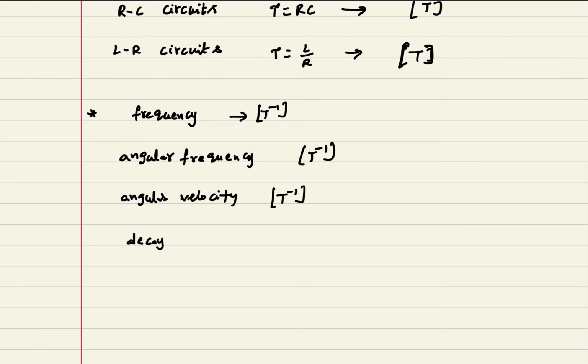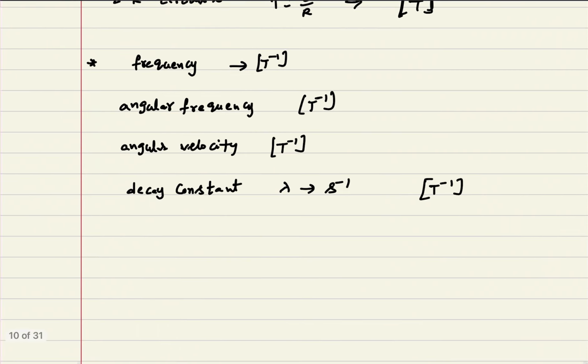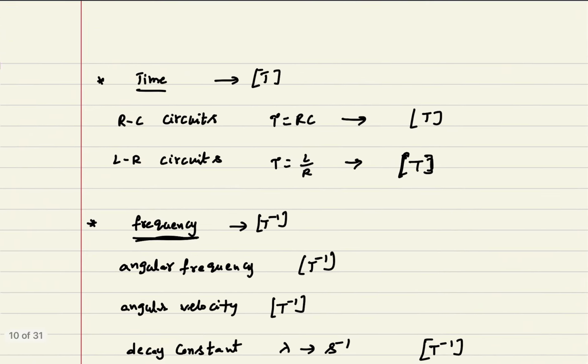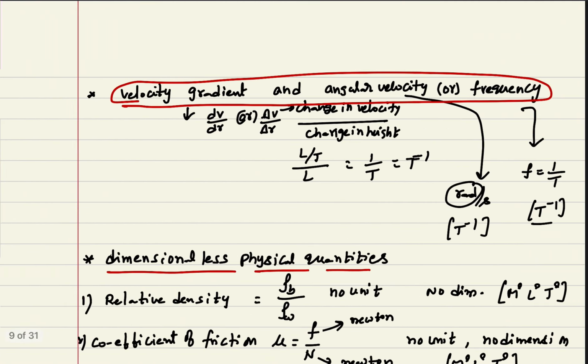Next one, decay constant, lambda, unit is second minus 1, so we can write it as t power minus 1 is the dimensional formula. Like this, there are different physical quantities having the same dimensions that I have written here.